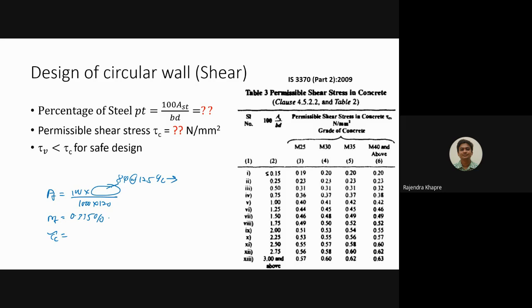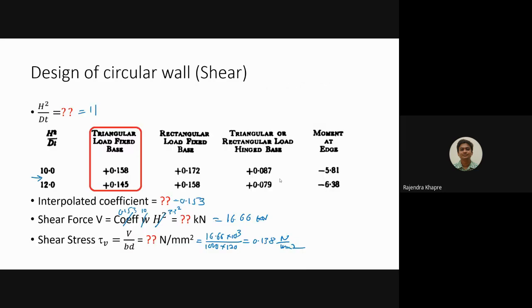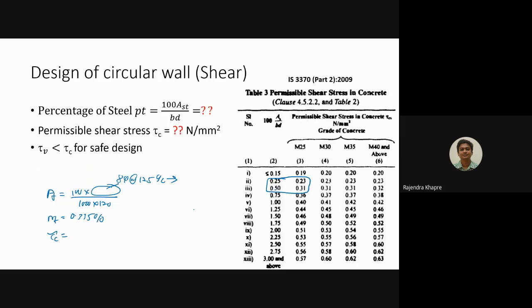Okay, so your 0.335 comes under this. ओके, तो जो भी इसका इंटरपोलेट करके वैल्यू आएगा, डेफिनेटली दिस इज ग्रेटर देन द टाउ वी वैल्यू, और टाउ वी वैल्यू इज 0.138 न्यूटन्स पर मिलीमीटर स्क्वायर.